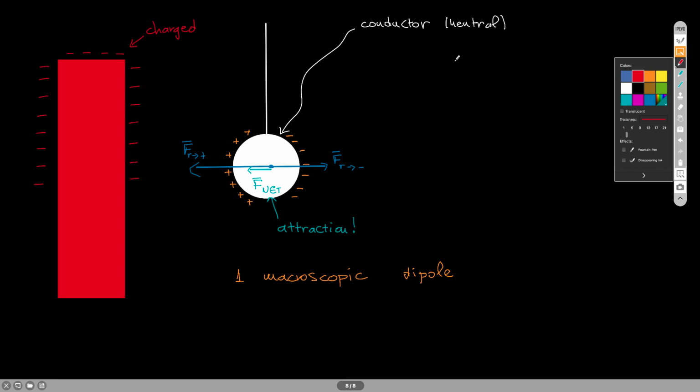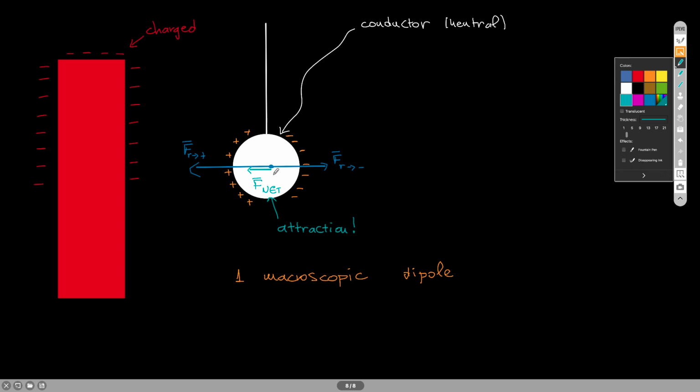This is surprising. Now, this suggests that you cannot use attraction between two objects in order to decide whether something is charged or not. So, let's say I give you a sphere, any object, and I bring a charged object next to it, and I see that it is attracted to my charged object.